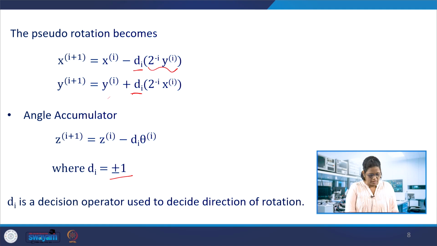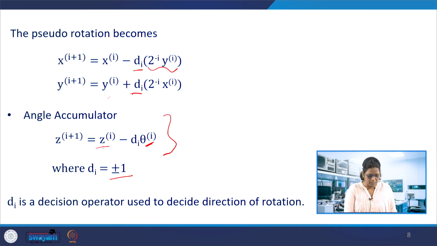So di is the decision operator used to decide the direction of rotation. The third equation introduced is zi plus 1 equals zi minus di theta i, where the previous theta gives theta i and the direction also.